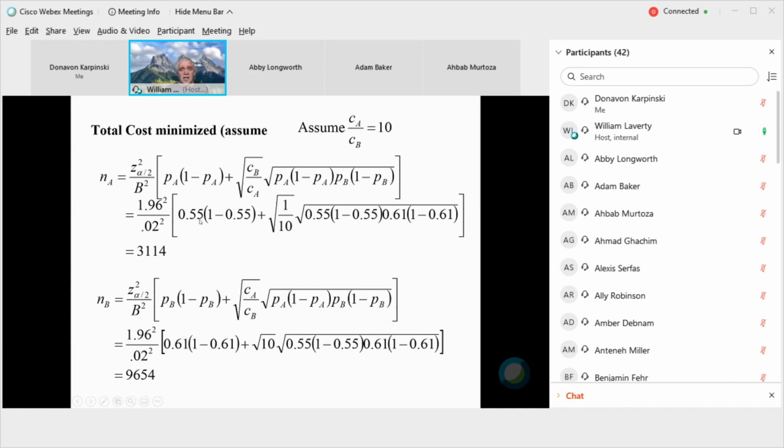Put those numbers in. We get 3,114 from A, 9,654 from B. Since it's much more costly to take observations from A than B, its sample size is much smaller.